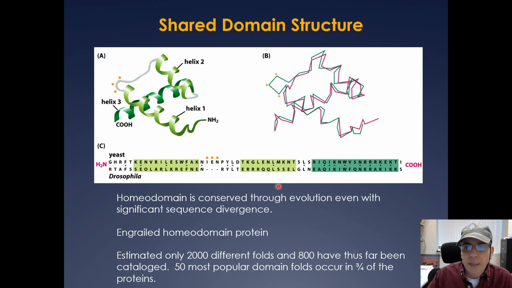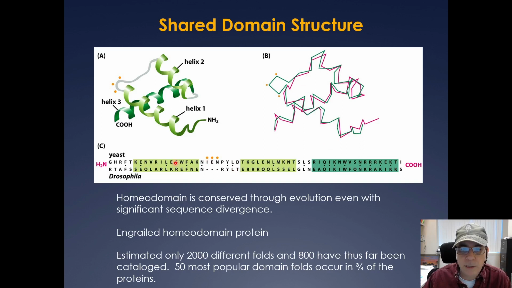Shared domains occur quite a bit. This section is called the homeodomain, where you have one helix, a loop, a second helix, and a third helix. Here's the underlying amino acid sequence of two homeodomain containing proteins, one from yeast and one from Drosophila. You can see there's a lot of amino acid divergence, yet the protein fold is almost a complete overlay.